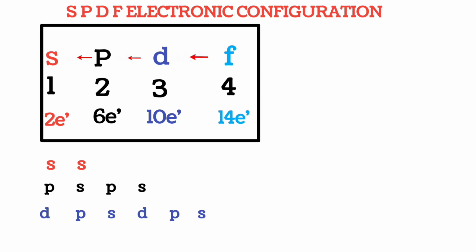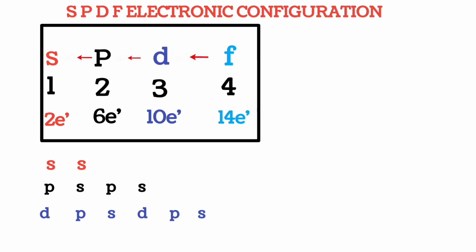Let's continue with 4. Above 4, we have the F orbital. So we are beginning with F. From F, the arrow points down to D. From D, it points down to P. And from P, it points down to S. So the series of orbitals we'll be having are the F, the D, the P, and the S orbitals. And of course, we remember that we are not writing just that, we write and repeat.